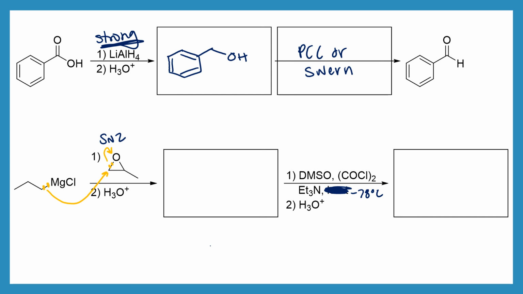This is another kind of slippery slope for counting your carbons. So there are 3 carbons from the Grignard. Here's the bond that we just made. There are 3 carbons from the epoxide. I'm going to draw them in the same shape as they are in the epoxide.